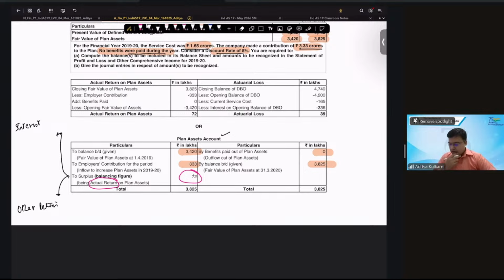So your interest will be opening balance 3,420 multiplied by 8%, the discount rate. Sir, why are you taking the discount rate? Why not any other rate? Yes, so this comes to 274.